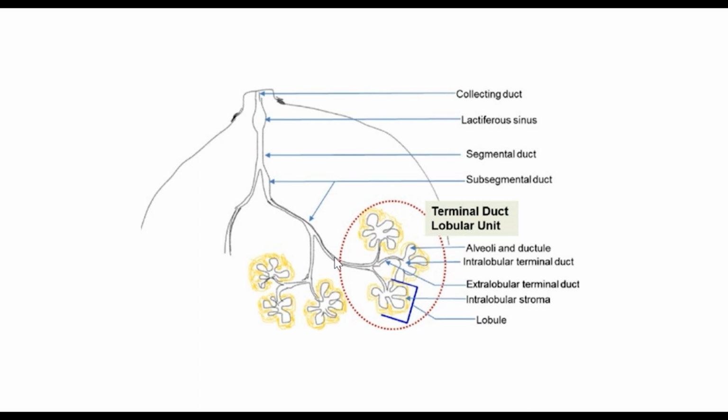extralobular terminal duct, and this extralobular terminal duct then converges to subsegmental ducts, then it converges to the segmental duct, then the segmental duct forms a lactiferous sinus, which is a dilatation of the segmental duct, and eventually forms the collecting duct.